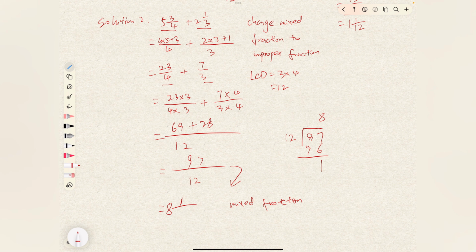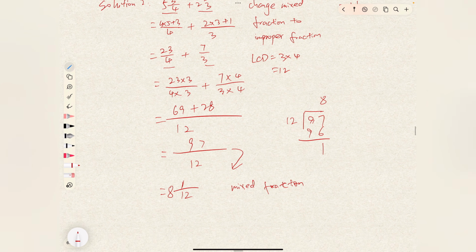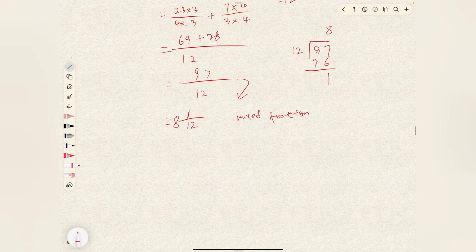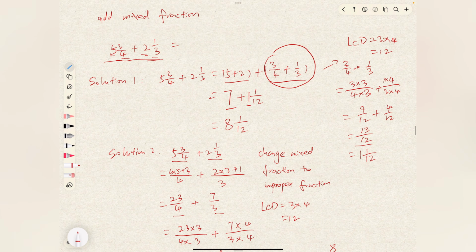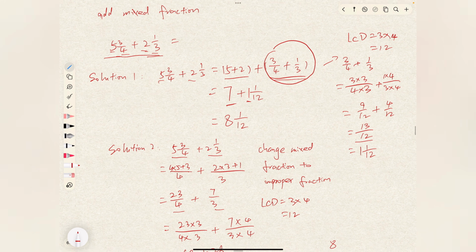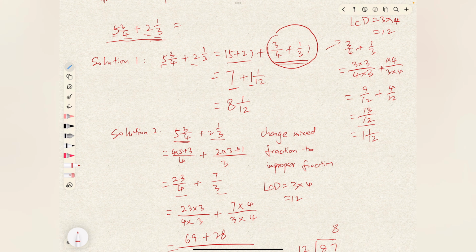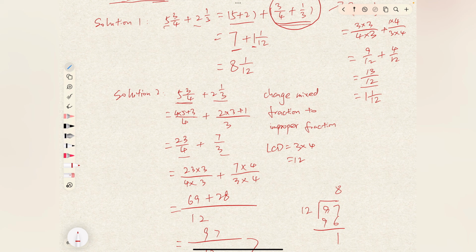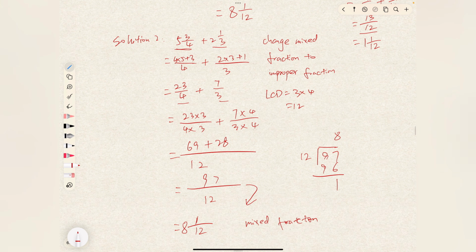We have 1 left divided by 12. So these are two different solutions we can have. We can add the whole part and add the fraction part separately, or we can convert the mixed fraction to improper fraction. And after we get the result, we can convert the improper fraction to mixed fraction.